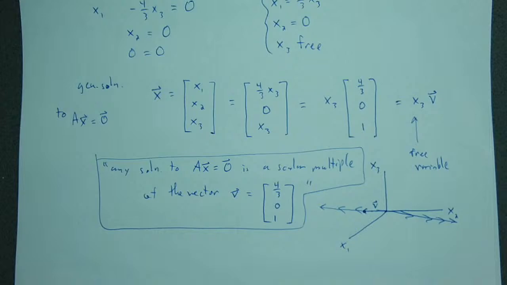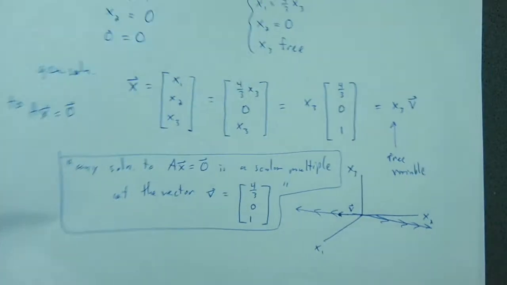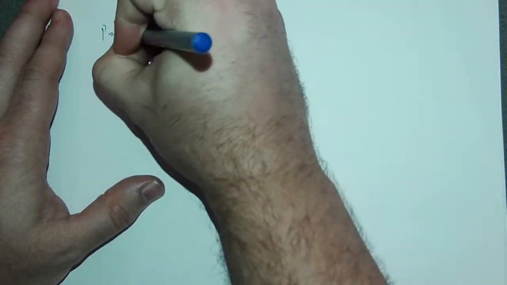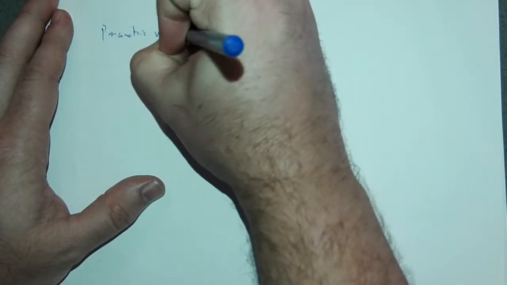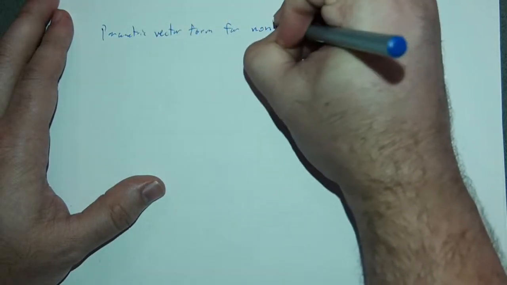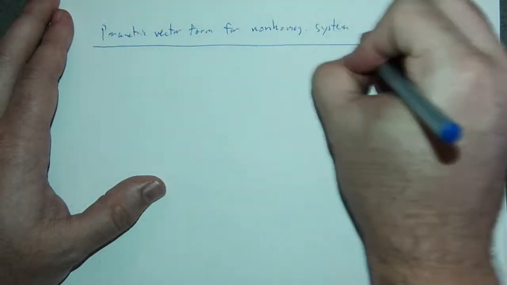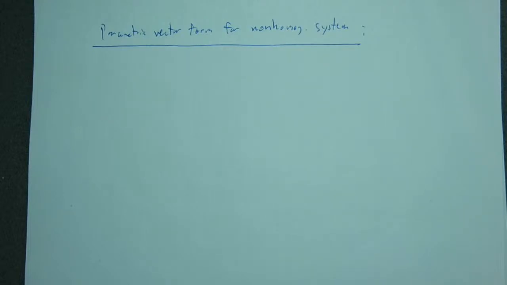So now, in general, how do I write a solution to, say, a non-homogeneous system in parametric vector form? So how does this work?